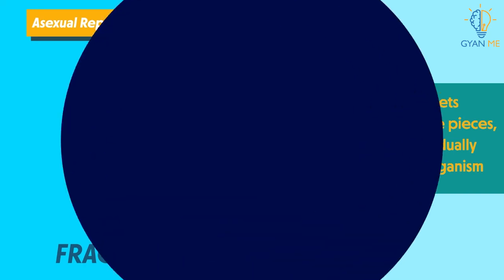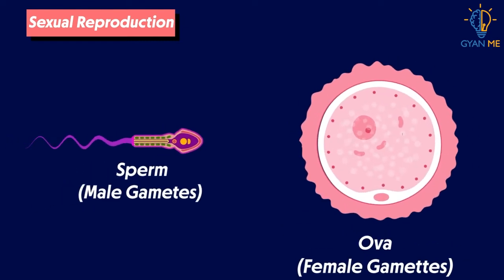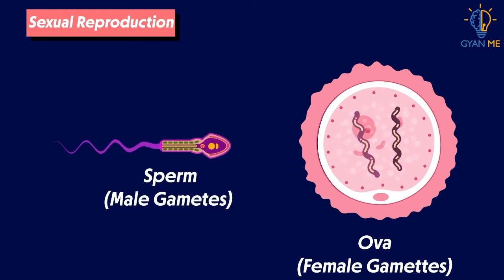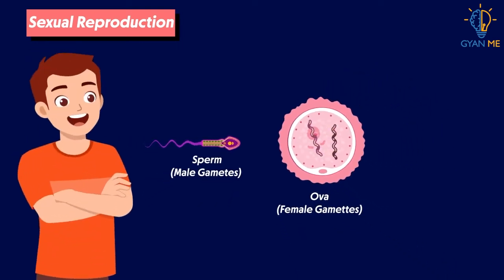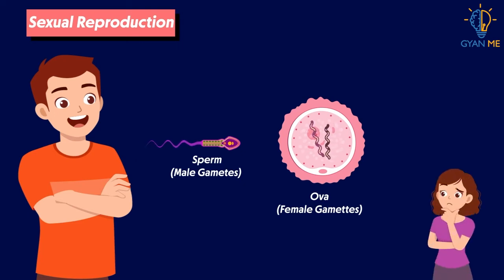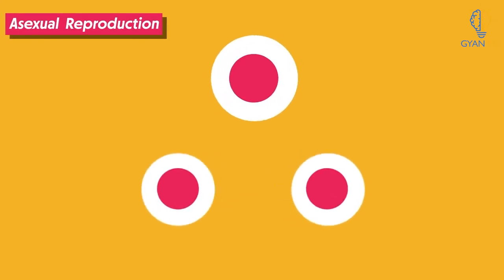What about sexual reproduction? It is the combination of reproductive cells from two different individuals to form a third, unique offspring. Unlike asexual reproduction, here two parents are required. One is male, often called father, and other is female, called mother. If you remember, in asexual mode, all the chromosomes were coming from one parent.